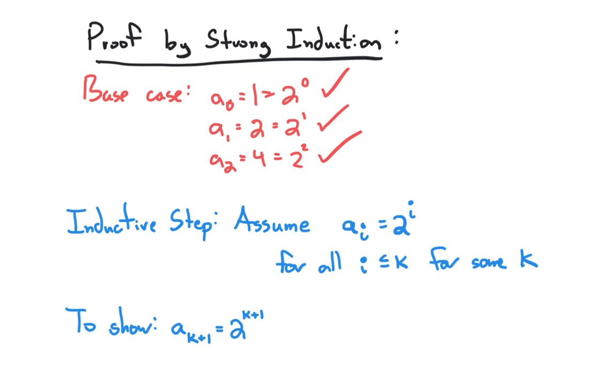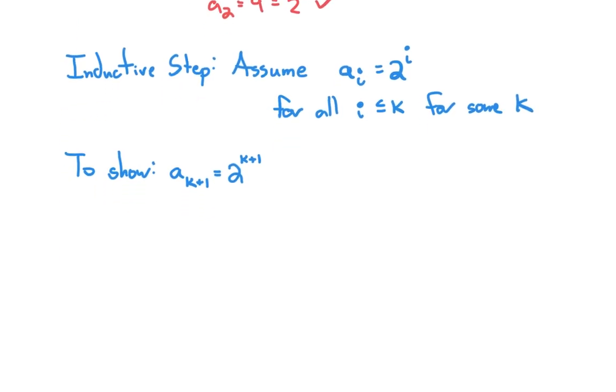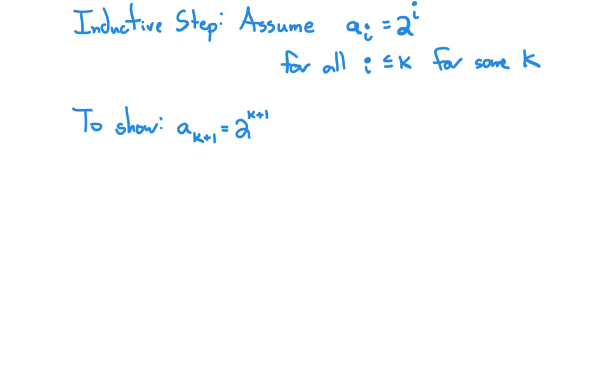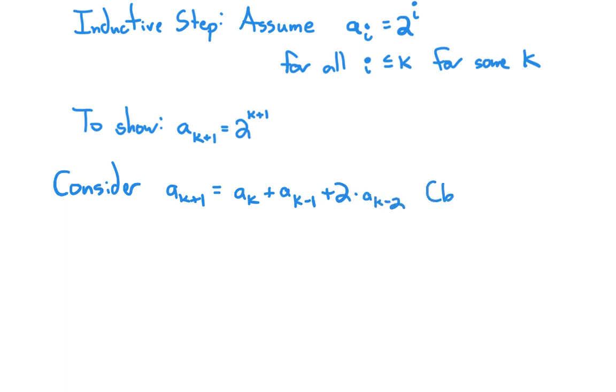Okay, and this one isn't too bad. We're just going to use our recursion relation, and the inductive hypothesis should fall right out. So let's consider a_(k+1). Well, by the recursion relation, we know that's a_k plus a_(k-1) plus 2 copies of a_(k-2).